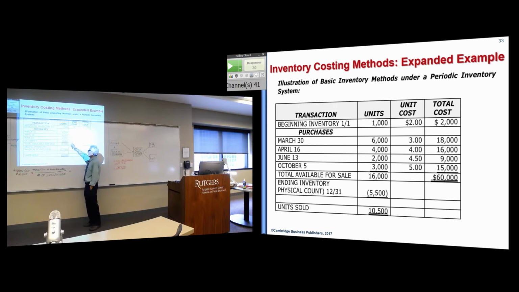The first one's in and the first one's out, so ending inventory would be the most recent cost. If it's LIFO, ending inventory will be the oldest cost. Either way, if you want to calculate the ending inventory, you're going to go up, so I'm going to erase this in a second.